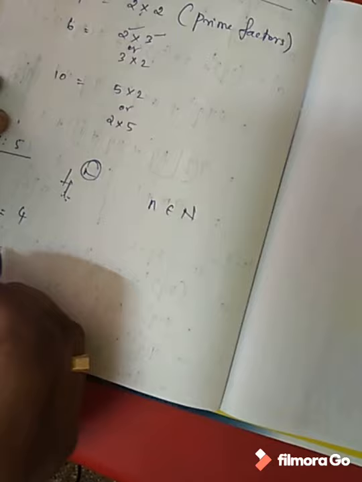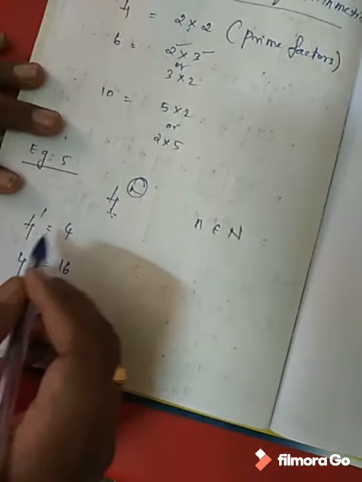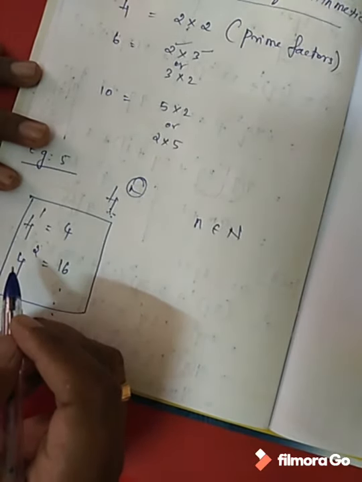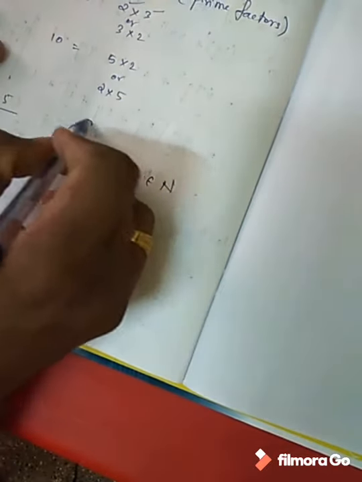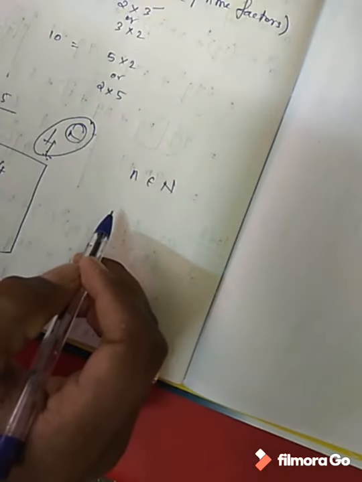So let us take 4 power 1, 4; 4 power 2, 16. It keeps on going, right? Without expanding, without applying n values, shall we conclude the answer? Let us take the prime factorization, because from the fundamental theorem of arithmetic we just learned that every composite number can be expressed as unique prime factors.